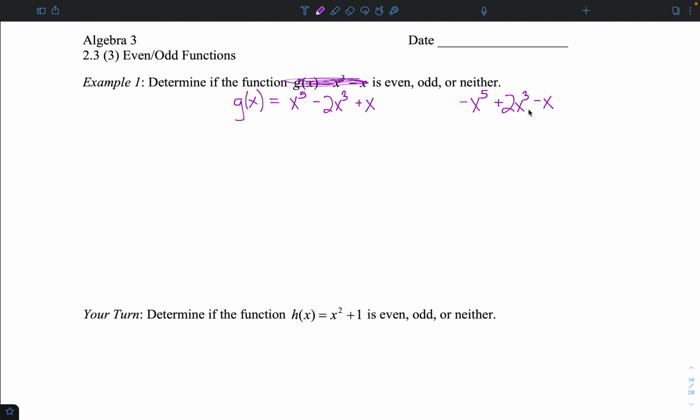Okay. So now I'm going to go back, and we do this process for every problem. So I'm going to substitute in a negative x and see what I get. So I get negative x to the 5th minus 2 times negative x cubed plus a negative x.